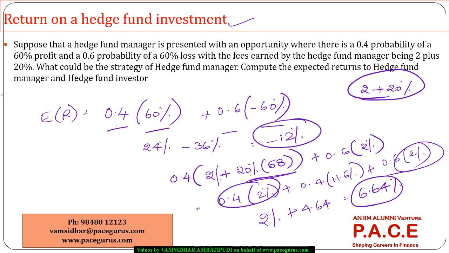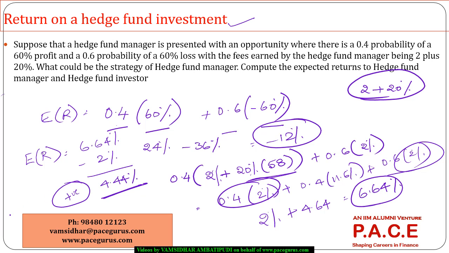So on average, the expected return to the hedge fund investor by taking this risk is 6.64%. Out of that, you take out the 2% which is for fund management. So overall the expected return is still 4.44%, which is positive. That is what is prompting him to go for the risk, whereas in a regular case he would not go for the risk because it results in a minus 12% return.